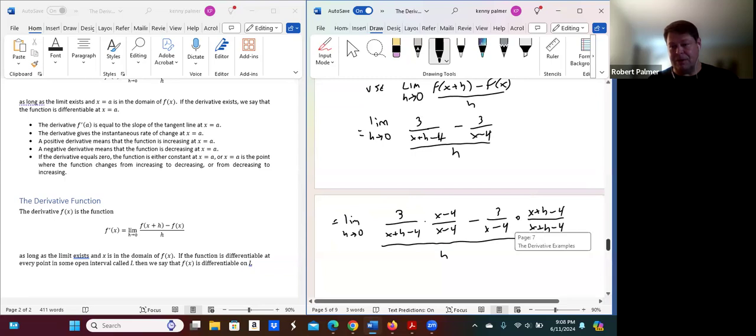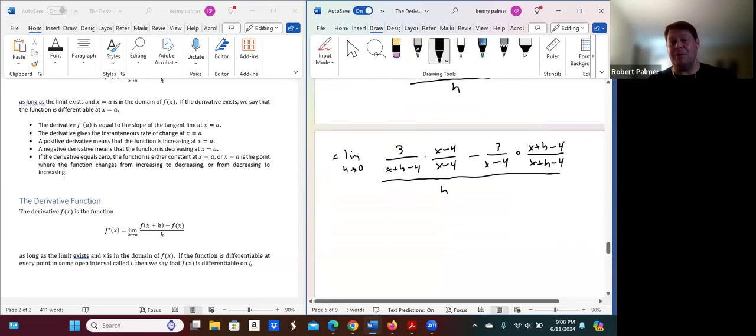Now what we're able to do is take this whole numerator and combine it into one. I'm still going to have the limit.